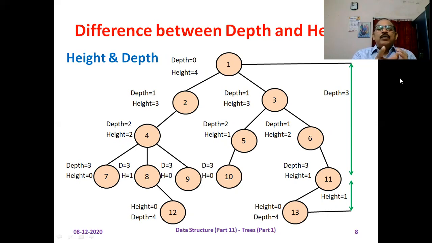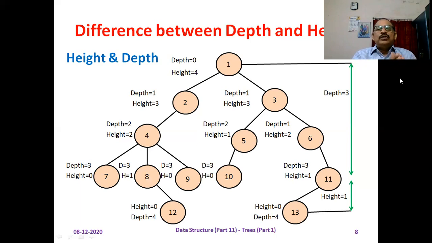Node 2 has depth 1, therefore node 4 has a depth 1 more, that is 2. The depth of node 2 is 1 more than the depth of its parent node. The parent node has a depth 0, therefore node 2 has a depth 1.